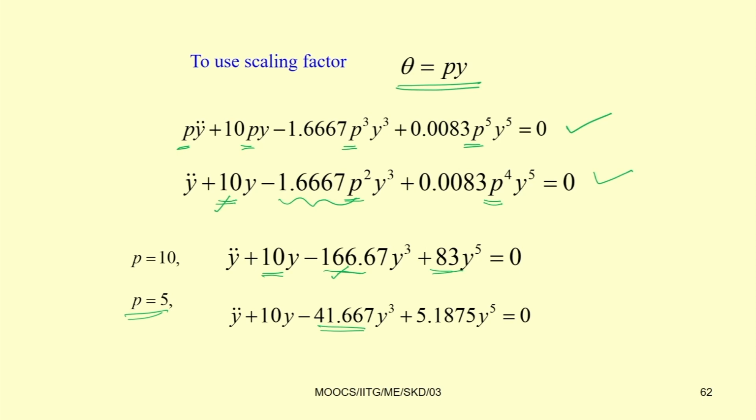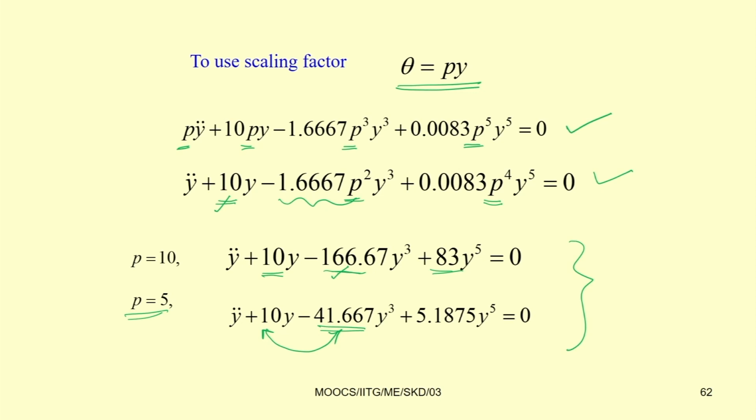Here this term is coming closer to 10 by taking the number 5. Similarly, if you take some other number and check, you can find some value of p in which these numbers will be closer to the coefficient of the linear term. So, this is the use.